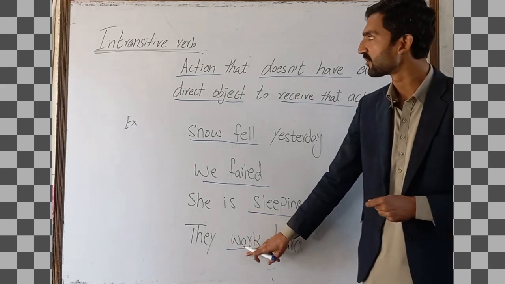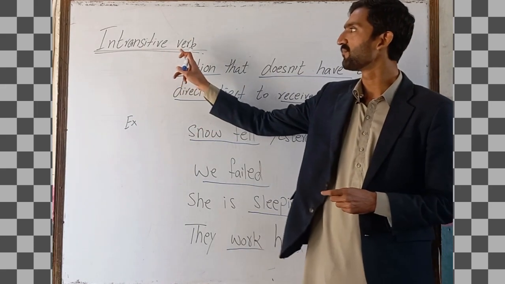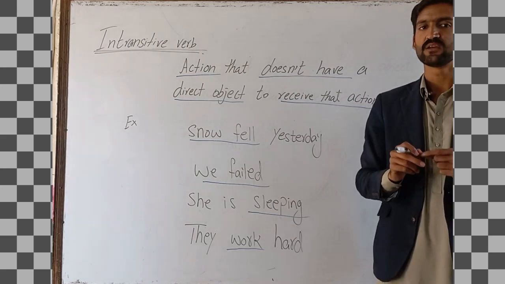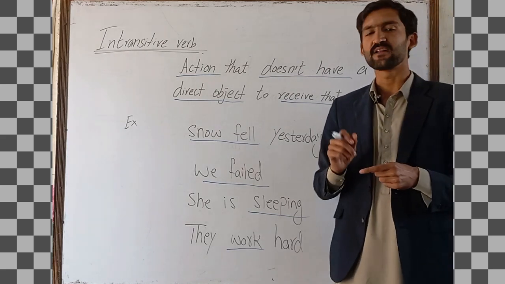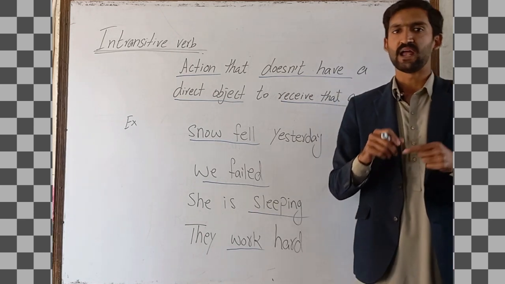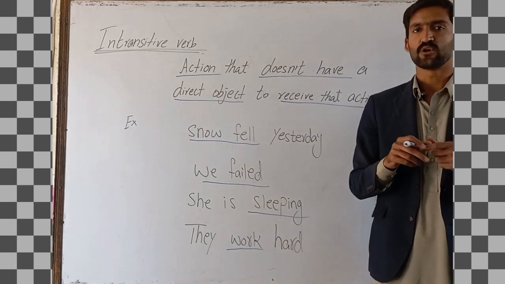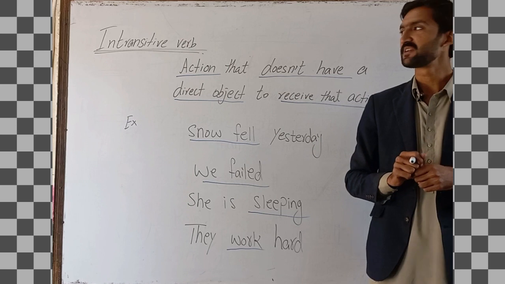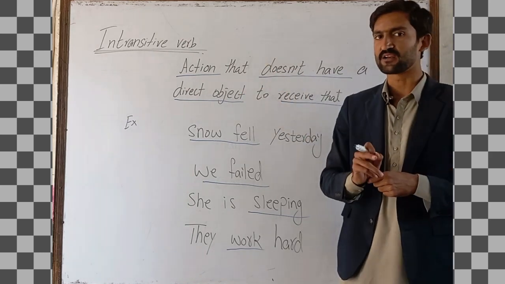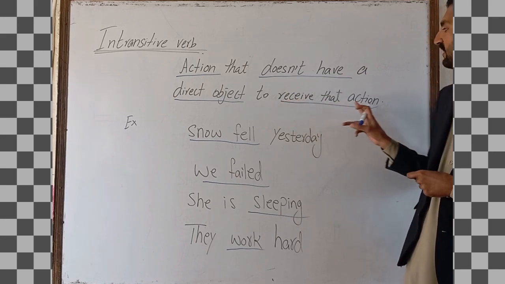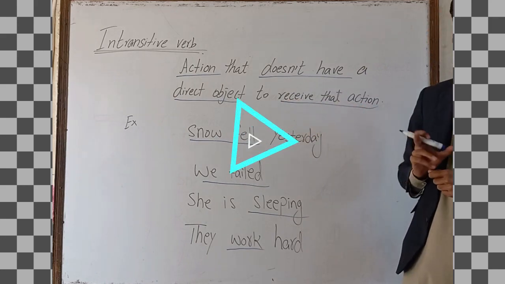So it is considered to be an intransitive verb. So we see the difference between these two types of verb. First, in a transitive verb we have a direct object to follow and receive the action, but in an intransitive verb we have no direct object to follow and receive any sort of action.